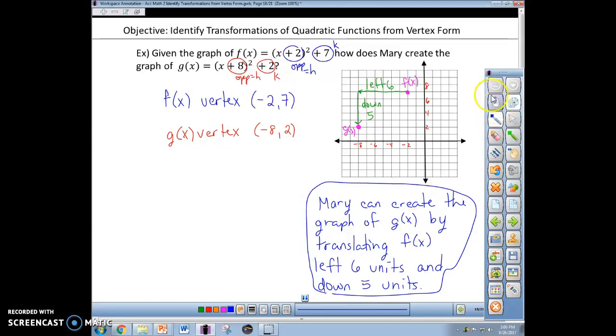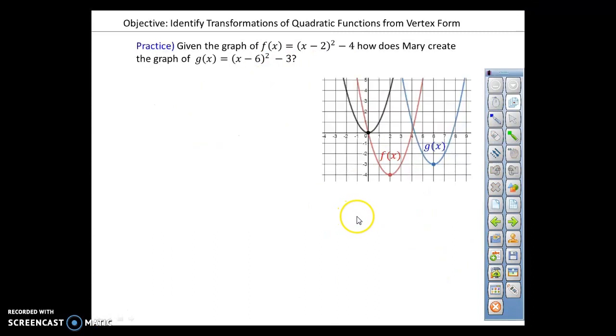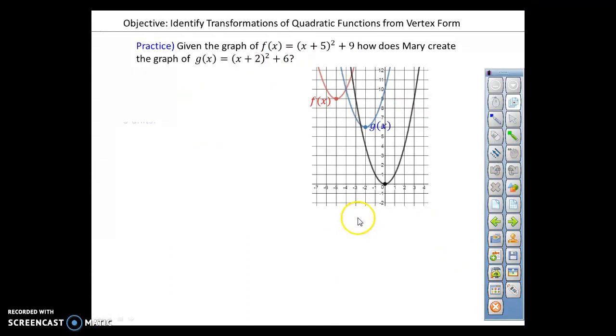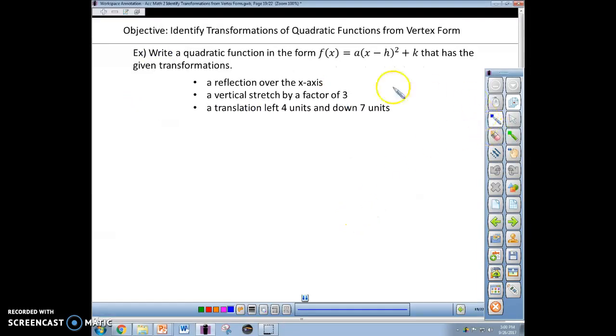All right, one more type of problem we need to take a look at. Let's take a look at this one. So we want to write a quadratic function in our vertex form that has these given transformations. So a reflection over the x-axis, remember, affects a. In fact, it makes a negative.